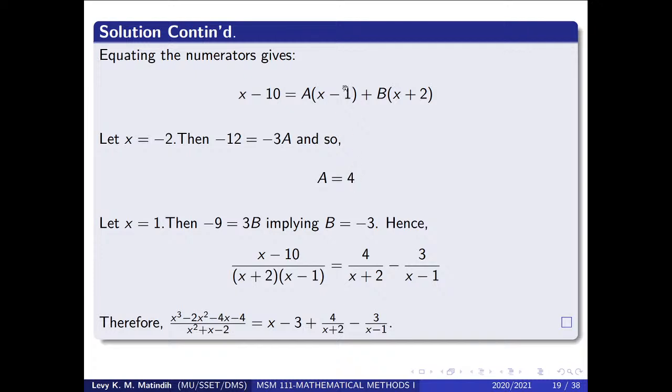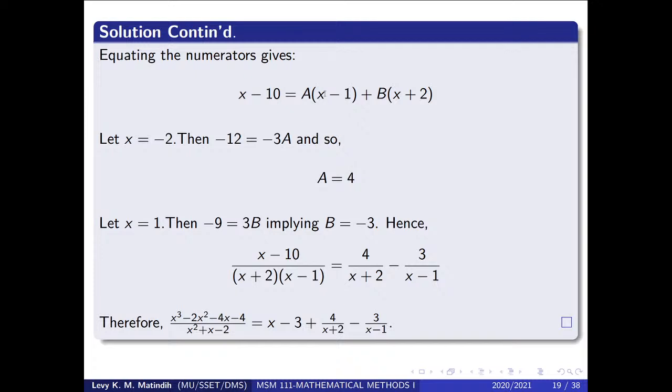Again, I go back to the equation that I obtained from the numerators after equating the numerators. Since I've already found a, I need to find b. I need to find b by equating x equal to positive 1.